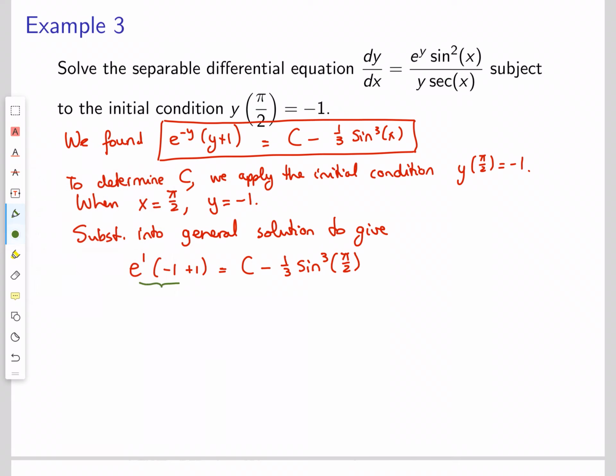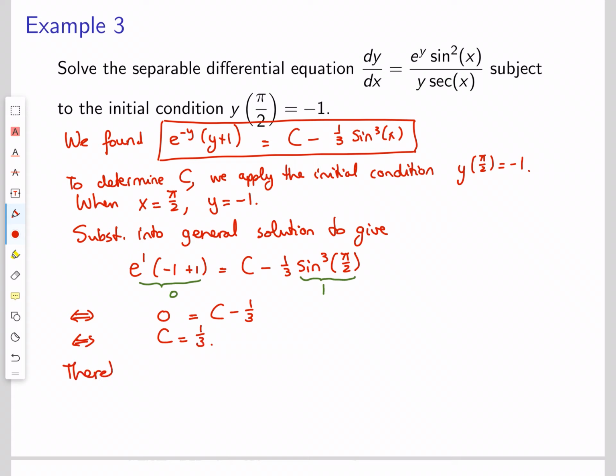Well, on the left-hand side, of course, we've got 0, and on the right-hand side, well, the sine of pi over 2 is equal to 1, and so if you cube that, you still get 1. And so we end up with an equation that says that 0 is equal to C minus 1/3, and of course that then is equivalent to saying that C has to be equal to 1/3.